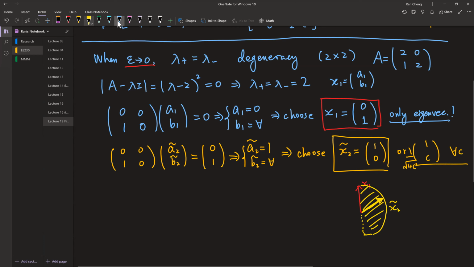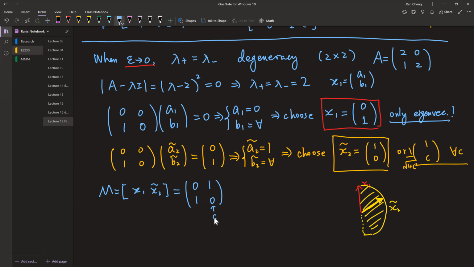And now we can define the matrix M. So x1 and x2 in this order, then this is just a 0, 1 and a 1, 0, right? But let's say here can be anything.